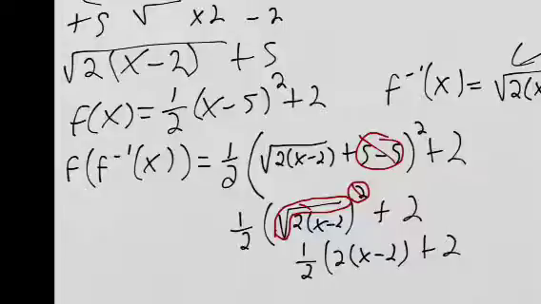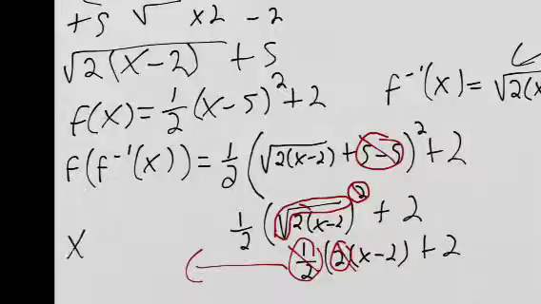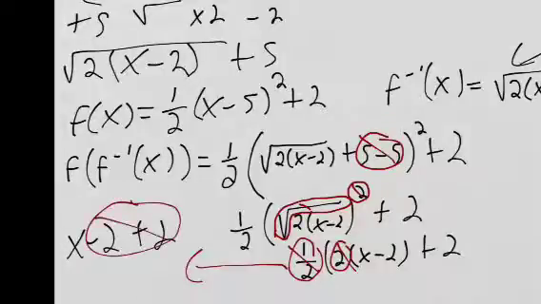Now we're multiplying 1/2 times 2, so those cancel, and we are left with just x minus 2 plus 2. Then minus 2 and plus 2 cancel, and we're just left with x. So that tells us algebraically that these are inverses, and we're good.